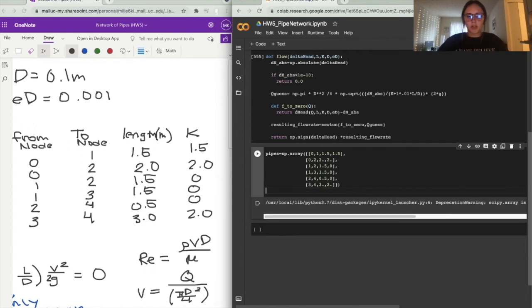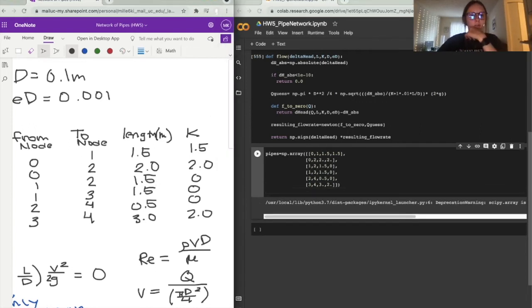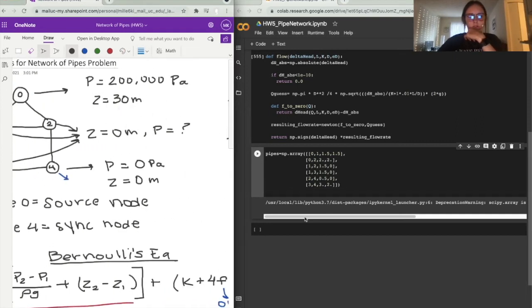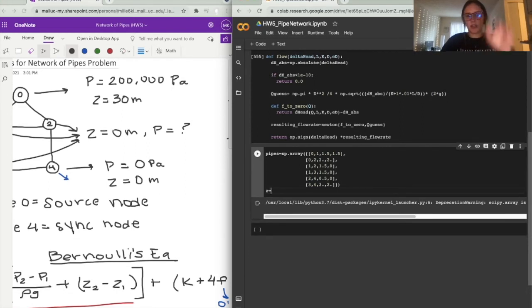And we can also put in some other things. So we know the heights of the nodes, so I'm gonna name that Z, because that's what we called it here.